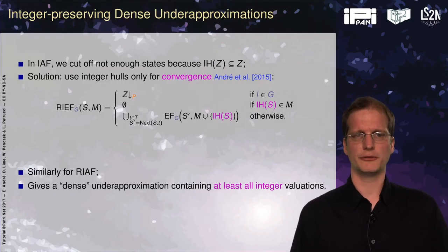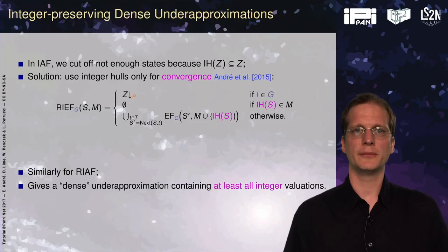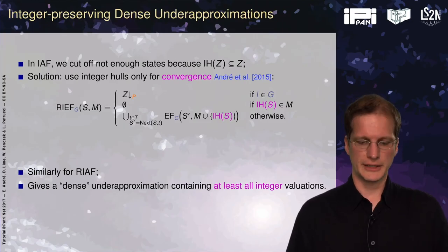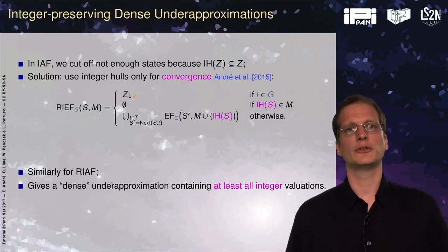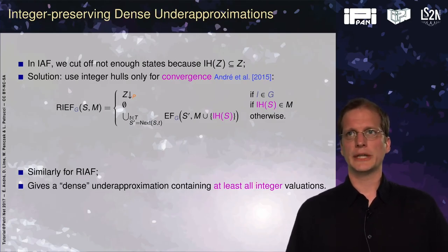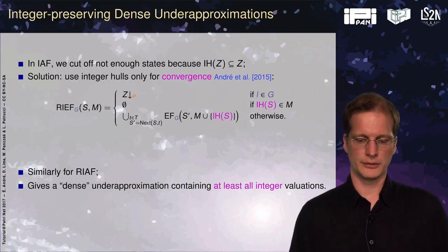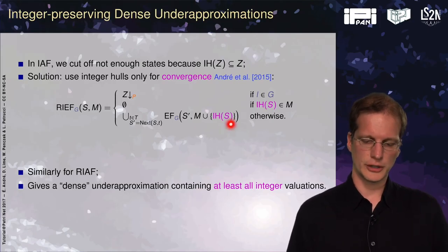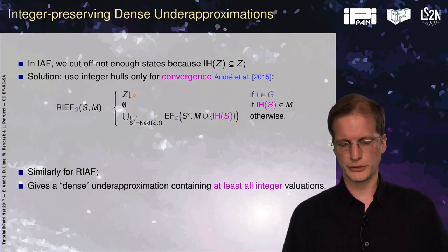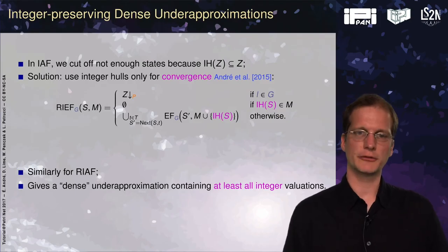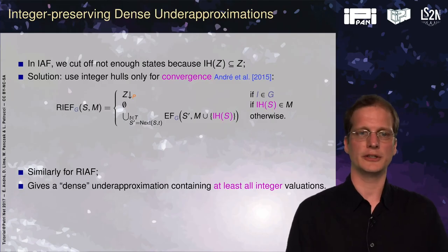If we do that for EF or for AF, we get a new algorithm which actually gives a dense under-approximation containing at least all integer valuations. So we get a bigger result, but in practice it's a bit slower than the previous approach, because we have to compute the integer hull from the biggest polyhedron each time instead of starting from an already integer polyhedron with integer vertices.